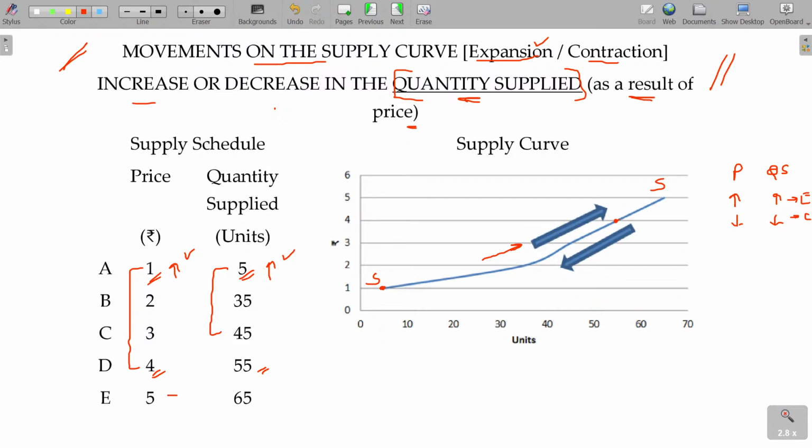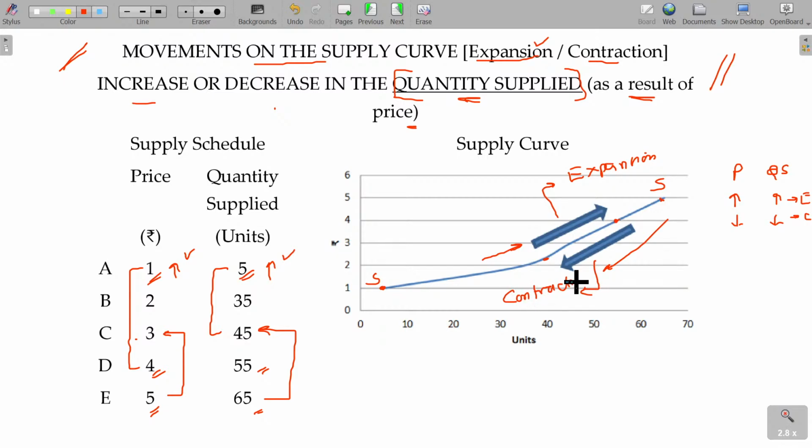In the reverse case, if the price decreases from 5 to 3, the quantity supplied also decreases from 65 to 45. So when the price is 5, the quantity supplied is 65, and if the price decreases to 3, the quantity supplied is 45. The upward movement along the line is called expansion, and when it falls down this way, it is called contraction.